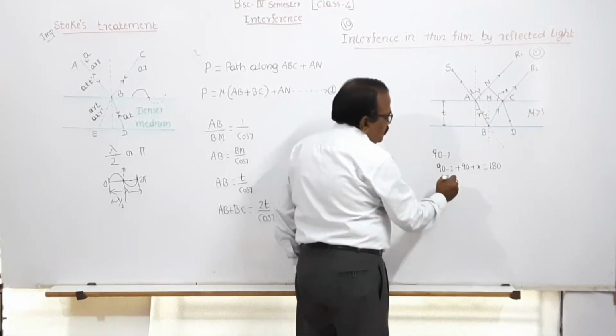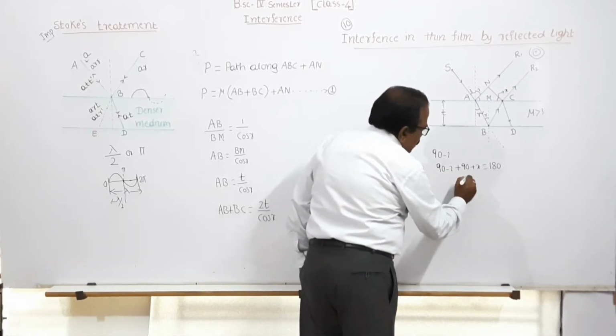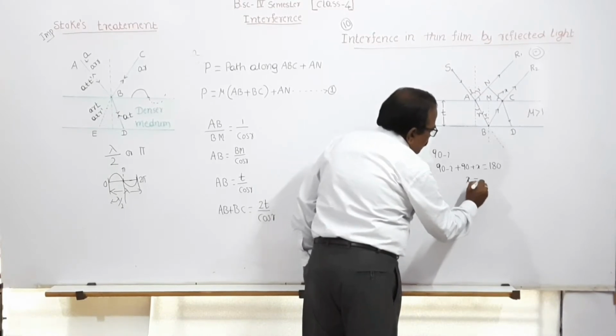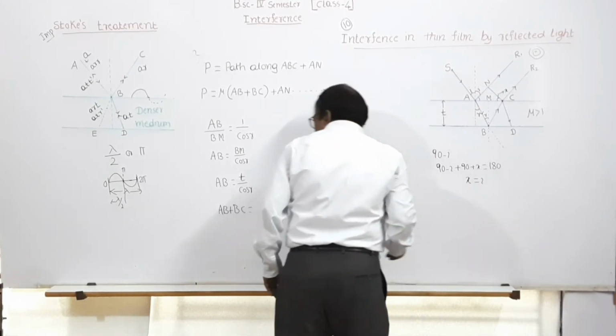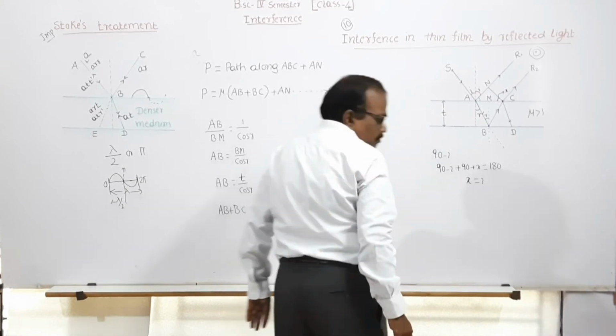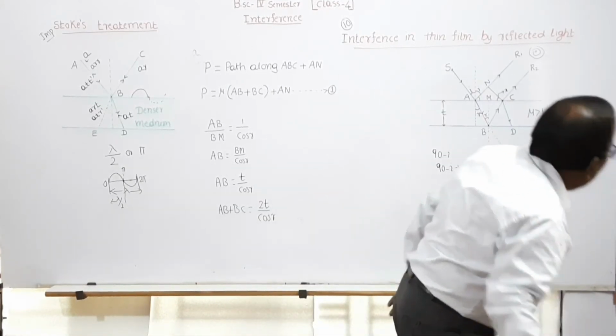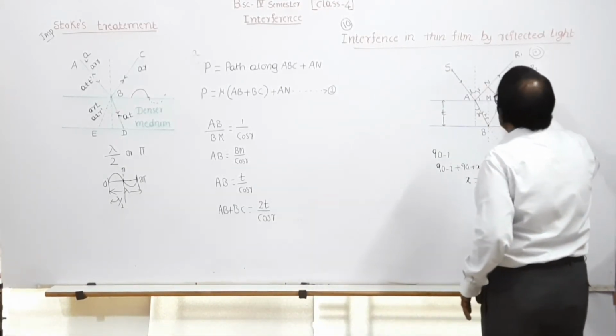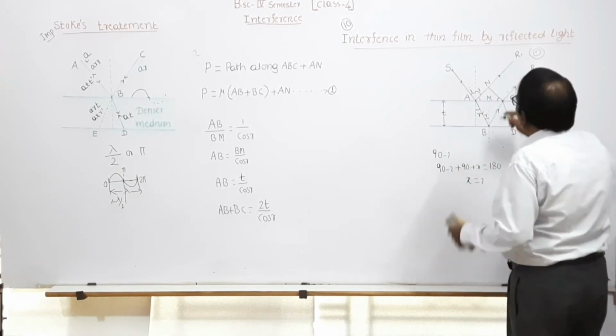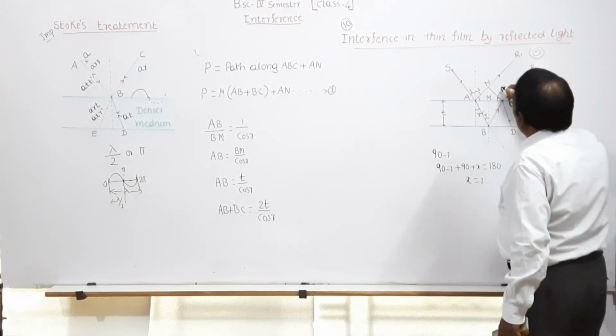From this equation you can get x is equal to I. That means this angle, instead of x, becomes I.